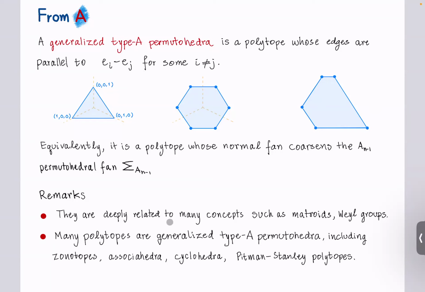That's how they got their names. And many polytopes are generalized type A permutohedra, including zonotopes, associahedra, cyclohedra, and Pitman-Stanley polytopes, for example. And again, if you are not familiar with these names, that will be fine for this talk. Any questions so far?